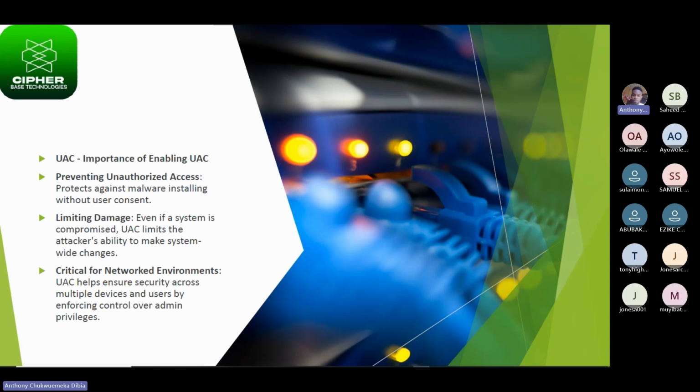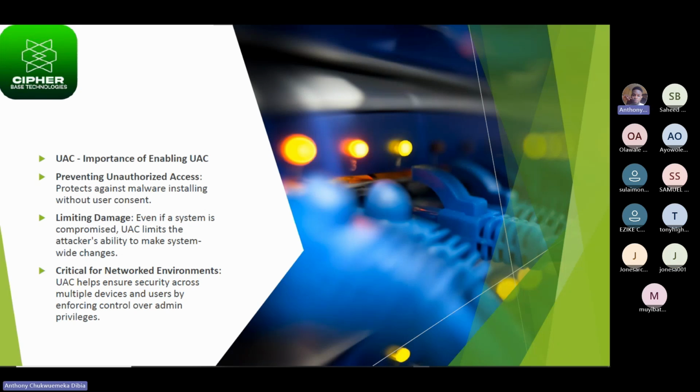Then we have the importance of enabling UAC: preventing unauthorized access. That is, it protects against malicious software installing without user consent. For instance, if a hacker should gain access to your PC and tries to install a particular application, if the hacker does not have administrator privilege, he or she will not be able to install that application.